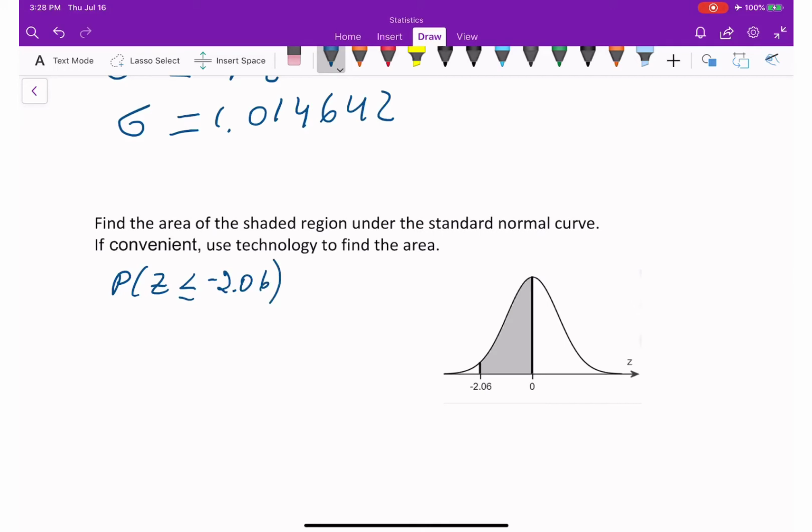I'm not going to bring the table here because you already know how to work with it. All I'm going to show you is that you go to the negative z-score table because you have a negative. So you find negative 2.0 and here 0.06, and the intersection should give you 0.0197.